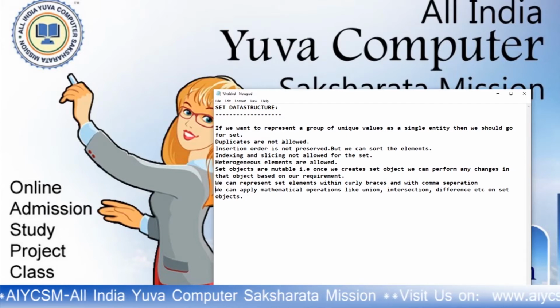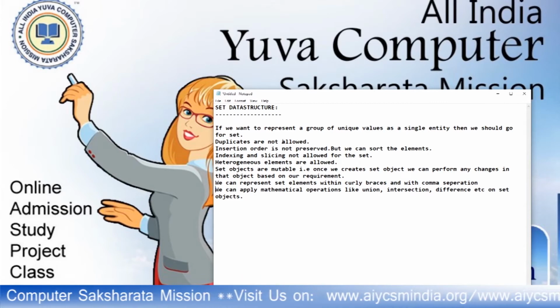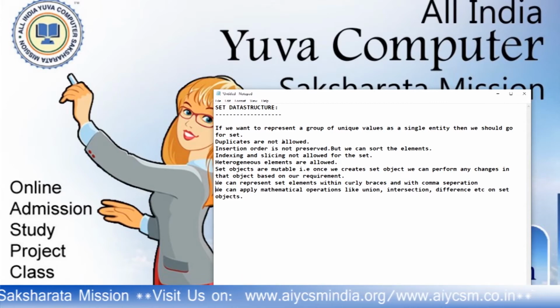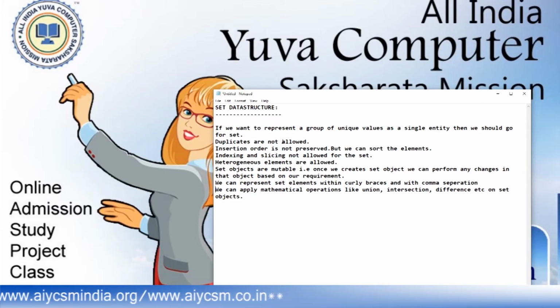You can change the value of a set, as well as change the value of a list, but you cannot change the value of a tuple. This is the difference between tuple and list and set. But set differs in that duplicate values are not allowed and insertion order is not preserved. These are the two main things that differentiate set from list and tuple.